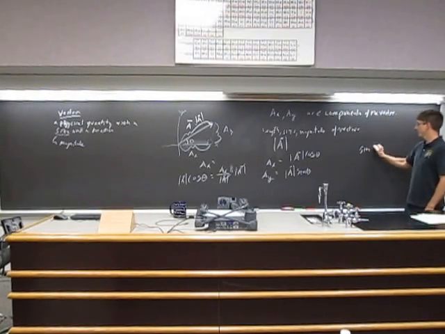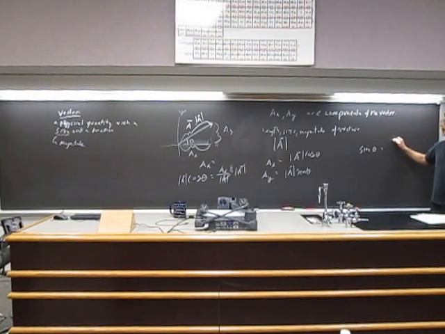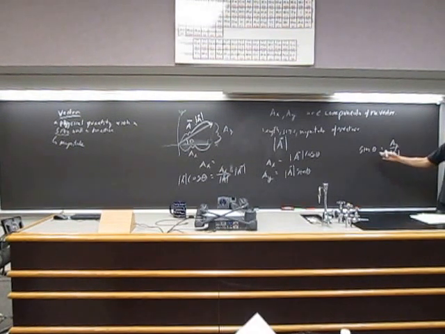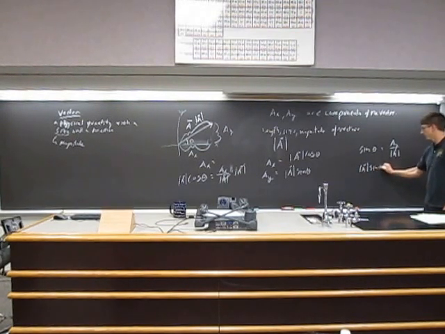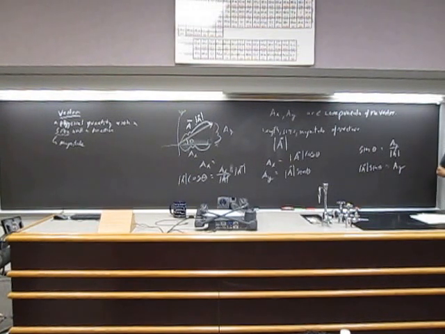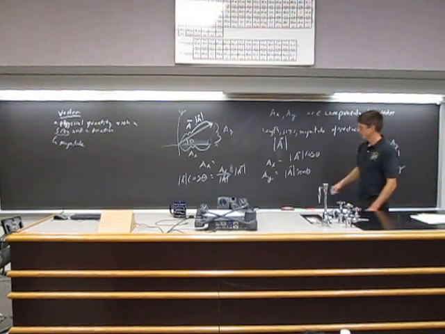So sine of that angle is going to be the opposite over the hypotenuse, this distance is y, over magnitude of A. So if I multiply both sides by the magnitude of the vector, I'd get the magnitude of A sine of the angle is A sub y. Okay?